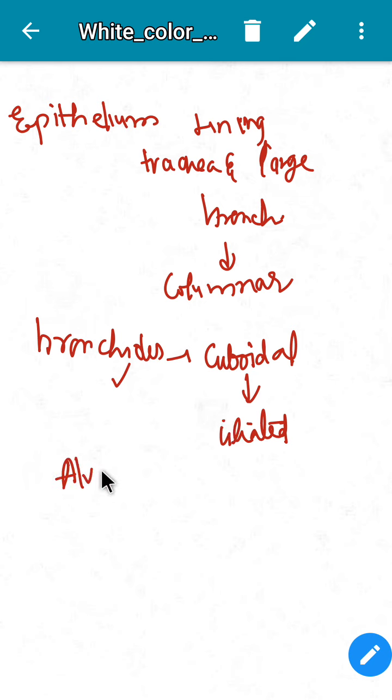At the alveolar level, the epithelium lining the alveoli is simple squamous.